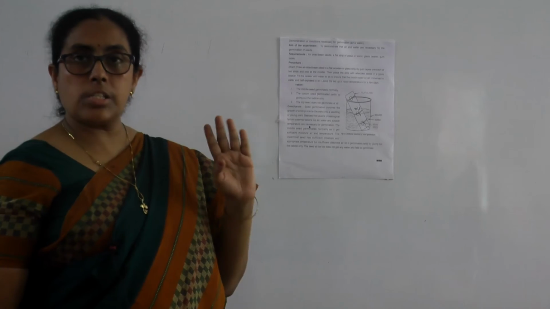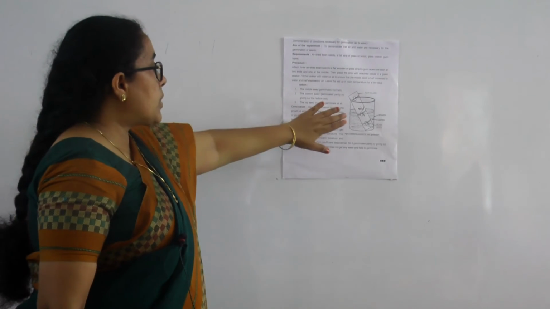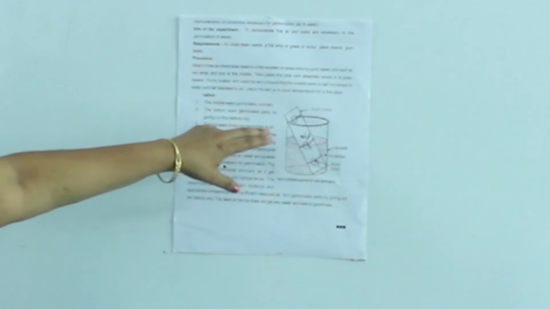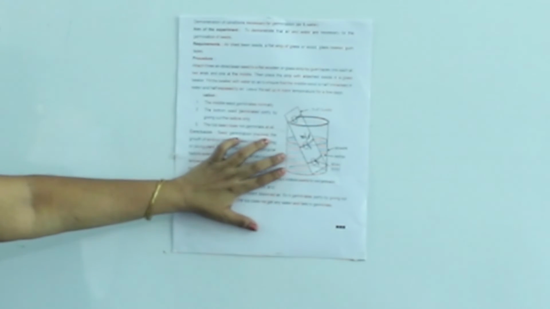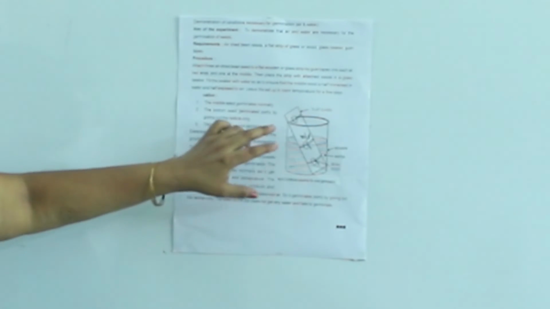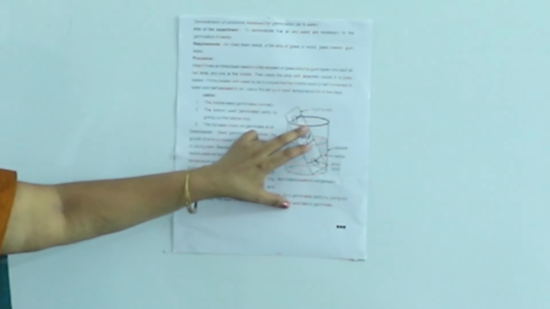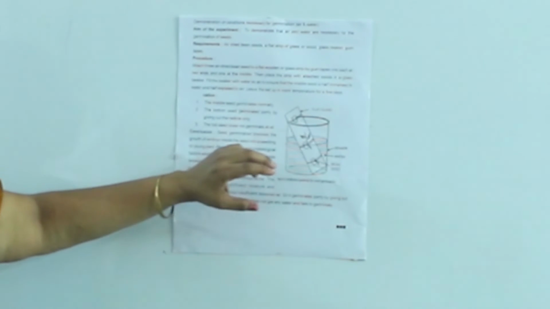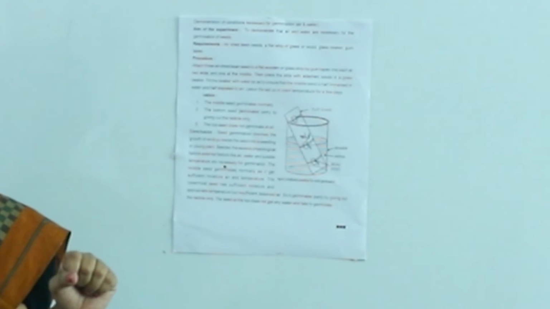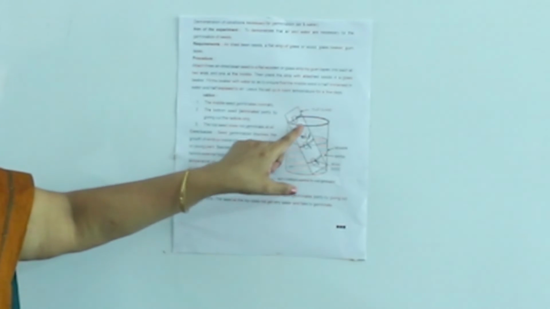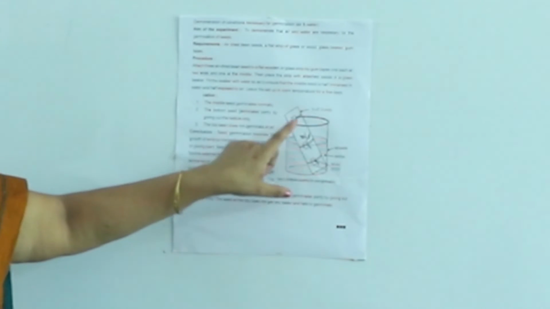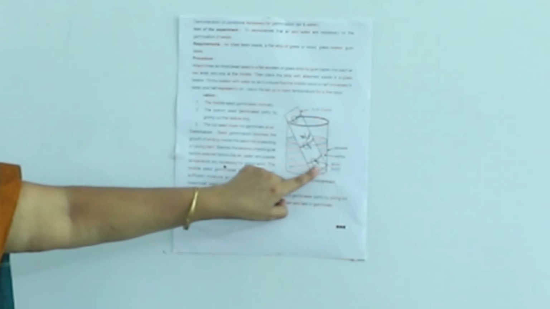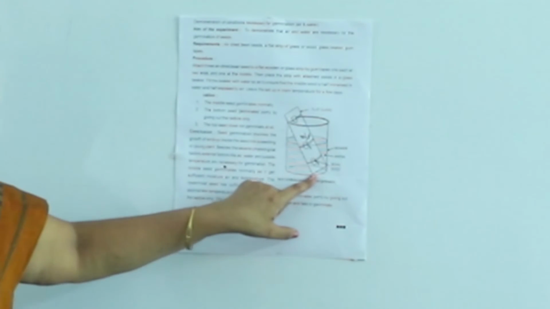The three conditions we require for the germination of seed, as shown in the figure, you can see that we will need a beaker containing water, and we will take a wooden plank or a glass, and three dried bean seeds, and we will attach them with the help of an adhesive material, as you can see here, and we will put it in a slanting way in the water.